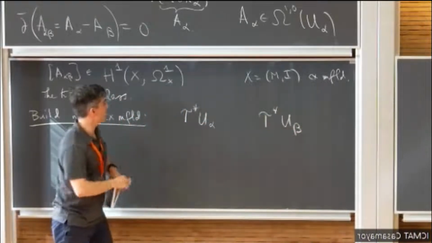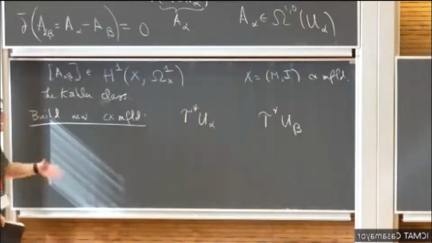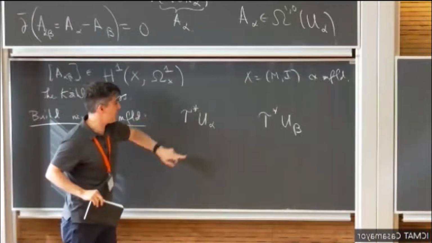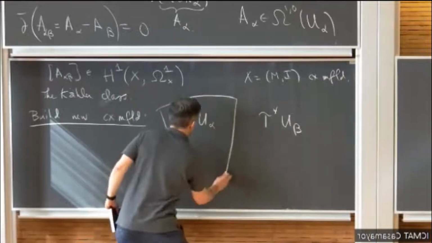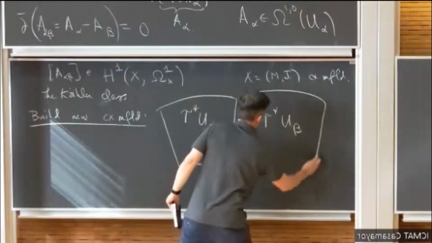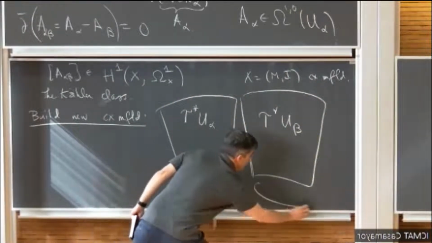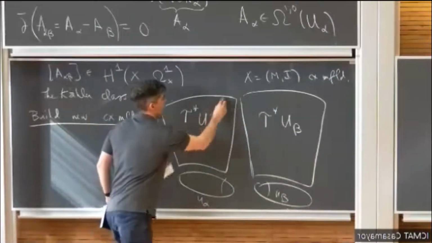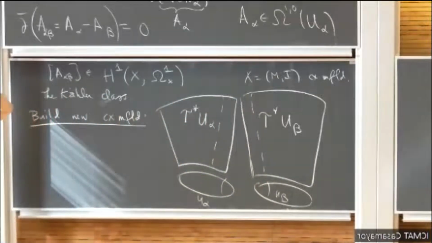You can tell that it's holomorphic because I have a curly T. That's my notation. So this is the holomorphic cotangent bundle of this open set, and this is the holomorphic cotangent bundle of that open set. I can draw a picture of this over U alpha and U beta. And these are pieces of the holomorphic cotangent bundle.